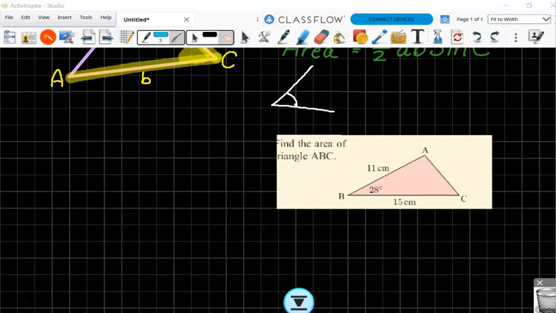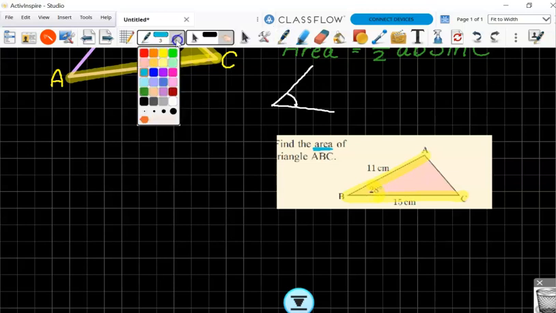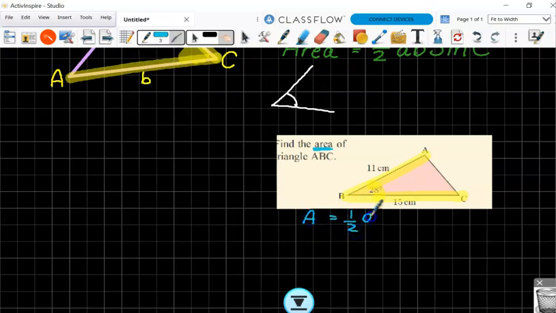As I said, we're going to have three different formulas that we're going to mess around with, and at the moment we're going to look at our area formula, because it says area. As you can see, we have definitely got our two lengths and the angle in the middle. So I am not going to bother labeling anything. I'm just going to go straight into area equals a half ab sine C, and I know that the a and the b are the two lengths surrounding the angle.